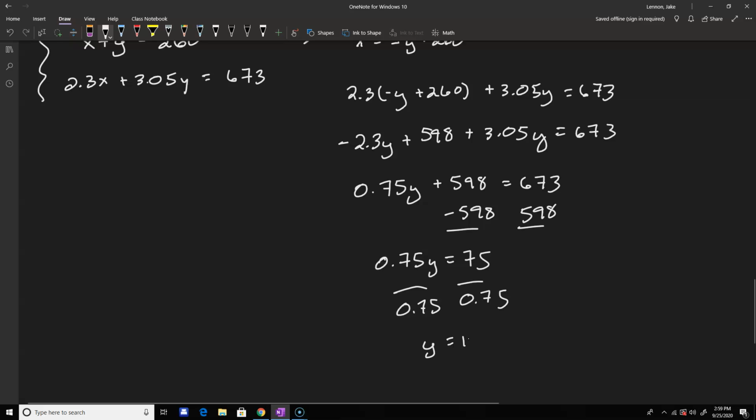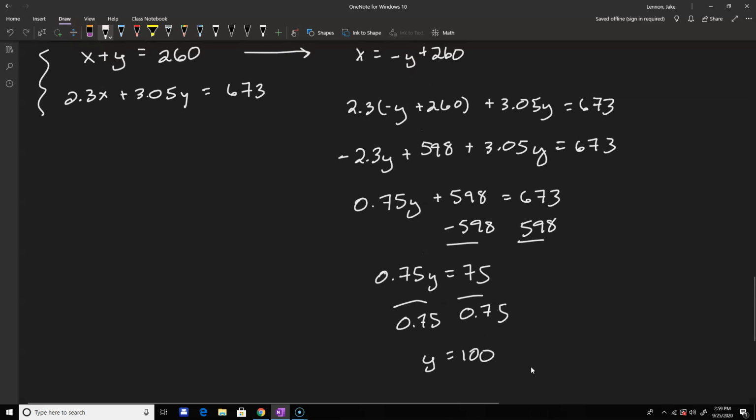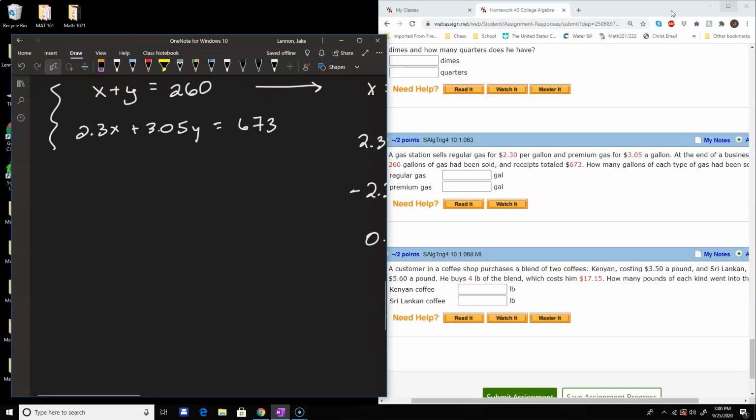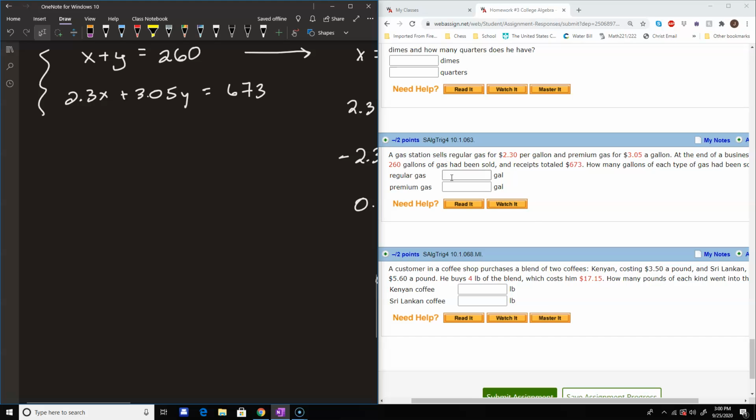So y is 100 gallons. We know x plus y is 260, so x is negative 100 plus 260, which is 160. So we had 160 gallons of regular and 100 gallons of premium.